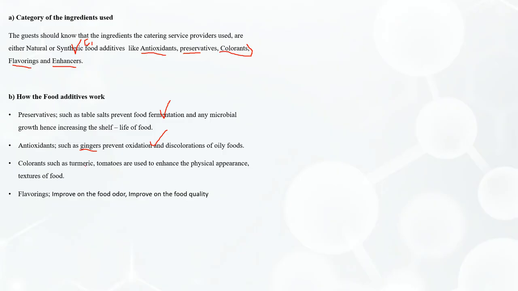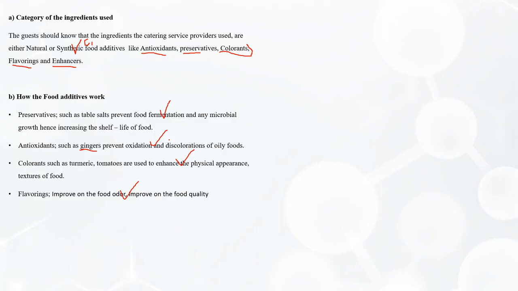Then colorants like tamarind and tomatoes, I believe we saw all these in the picture, are used to enhance the physical appearance. Then flavorings improve the food odor. I believe you heard about the aroma. The aroma was very good. Where are we getting all these antioxidants, preservatives, colorants, flavorings and enhancers from?